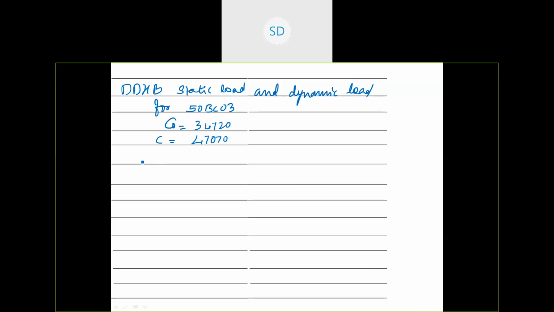Next, again you need to calculate the ratio, that is FA divided by C naught. FA is 3 kilonewton. Okay. Now C naught is 34720.